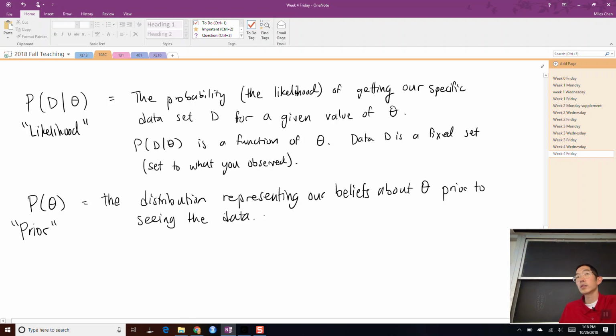And this is maybe people's objections to Bayesian statistics. This is subjective to the person setting it up.